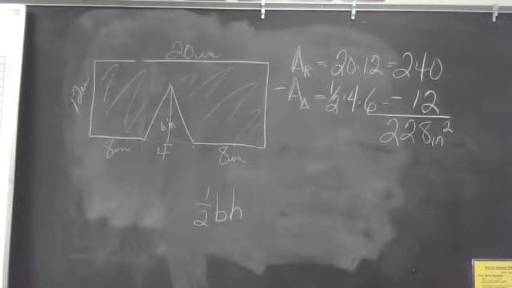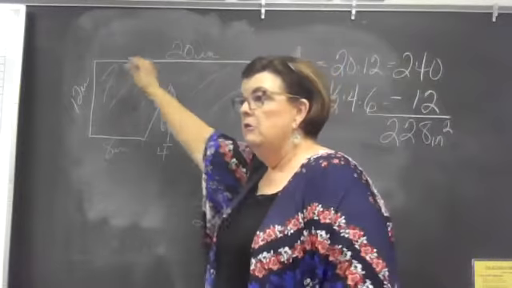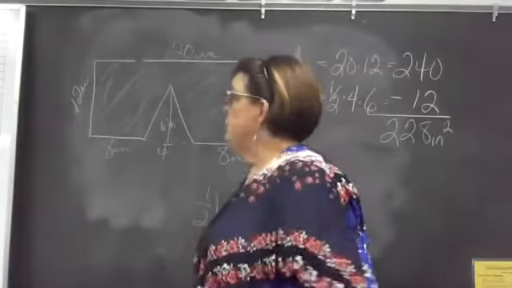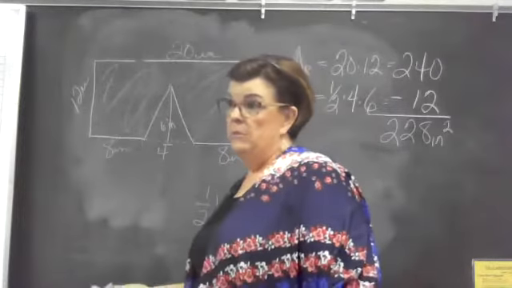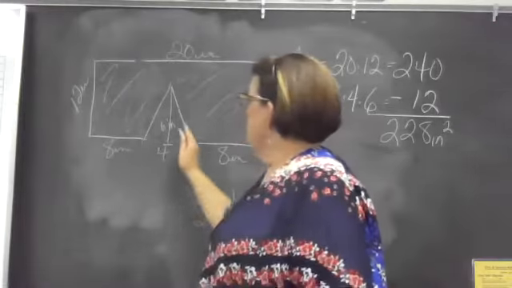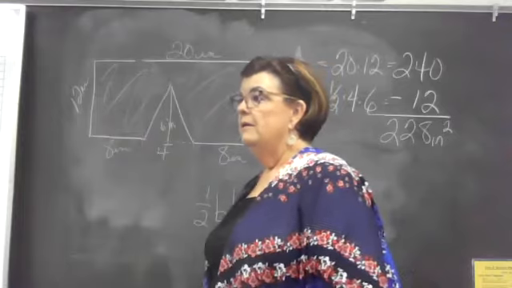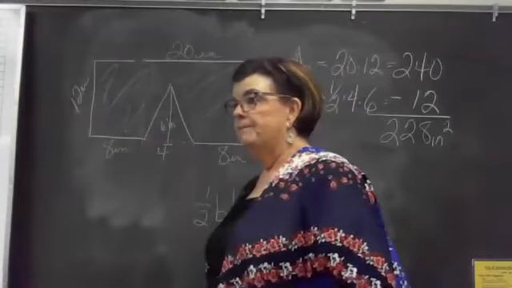Okay. All right. So what I'm saying is, yes, if you would have divided this all up like we did a minute ago, and you were very careful with your numbers, you would get exactly the same answer. It just takes longer. So if you've just got a place that's cut out, then get the area of the whole thing, subtract the cutout spot.